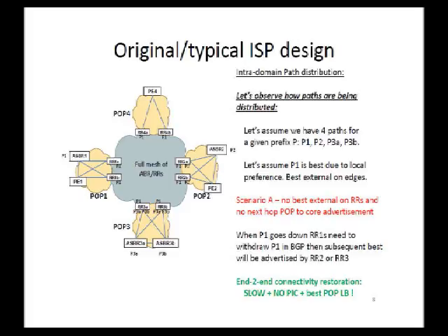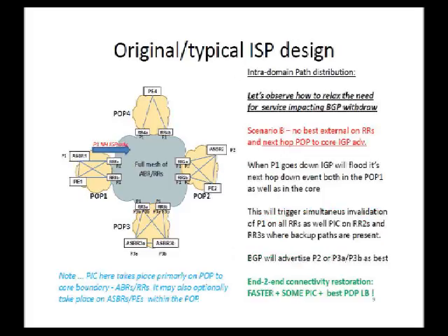If you just modify this picture with advertisement of the next hop reachability information between the POP and the core, you get automatically the benefit of fast convergence on those route reflectors which have redundant paths. They have redundant paths because you enable best external in the POP routers, in the ASBRs.